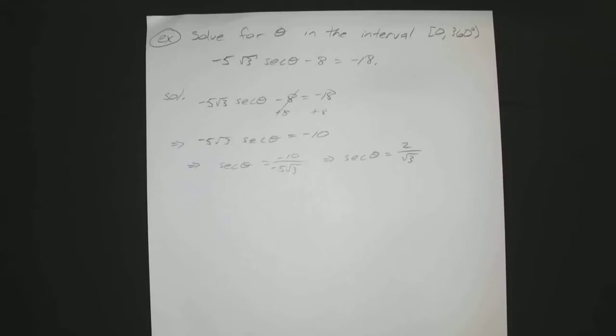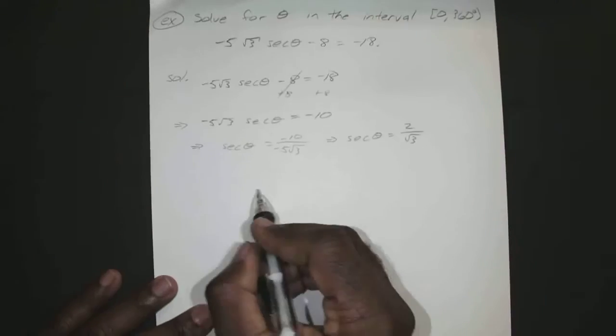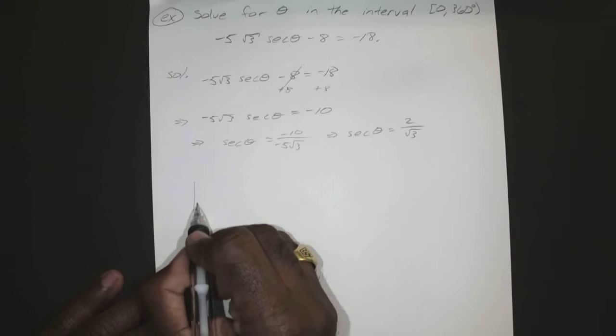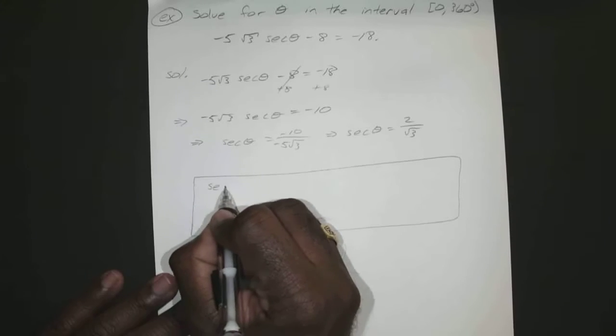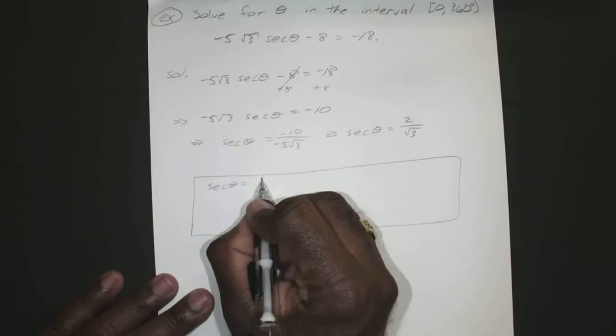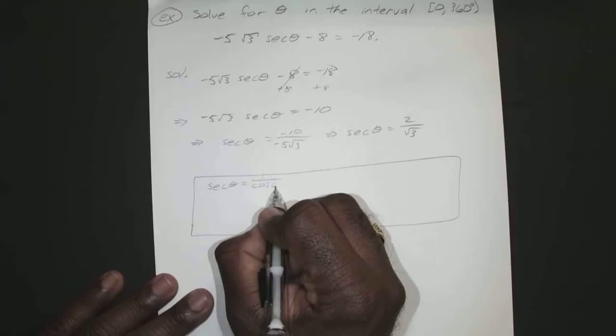Now you can solve this one one of two ways. You can try and go back and find where theta is equal to 2 over square root of 3. Or you can remember that secant of theta is just the reciprocal, 1 over cosine of theta.